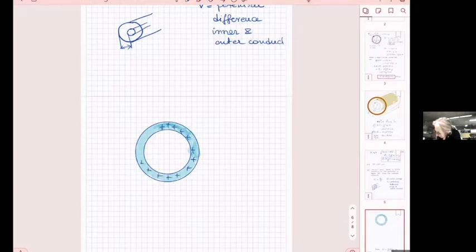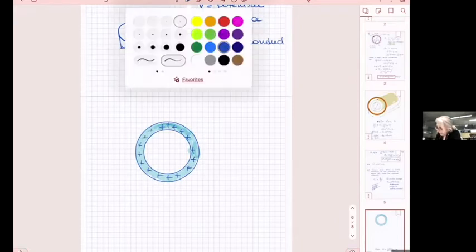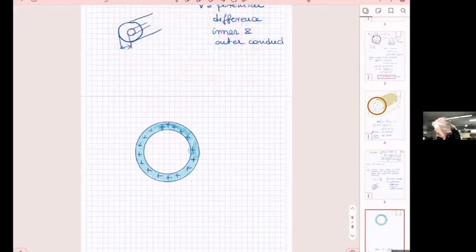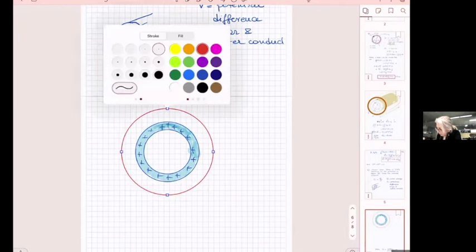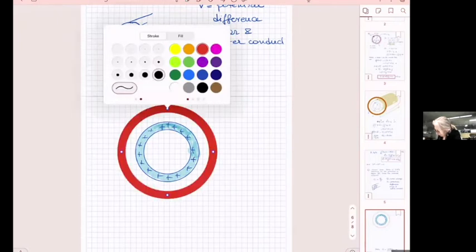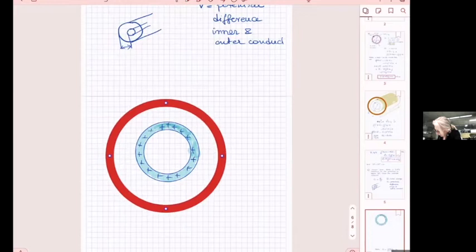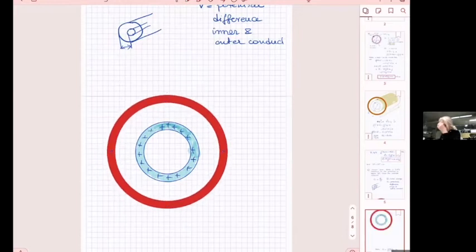Inside, distributed everywhere. Then we had a dielectric around it. And then we had an outer conductor. So let me make this very thick. So yeah, this is the outer conductor. All right. So to be able to find the capacitance, I need to find a voltage.